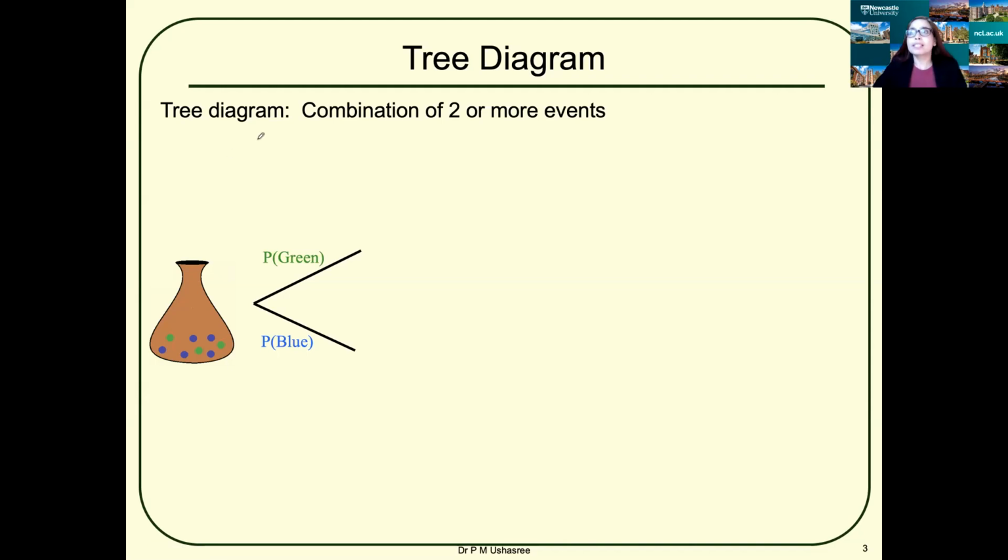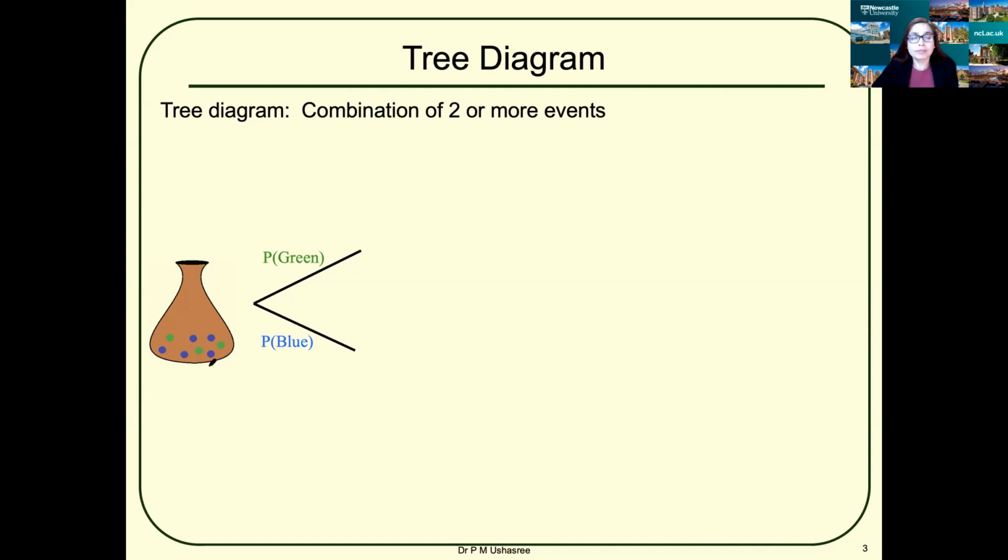A tree diagram is a simple way of showing probability problems which involve a combination of two or more events. So for example, let's stick to the same example. Here we have a bag of green and blue balls.